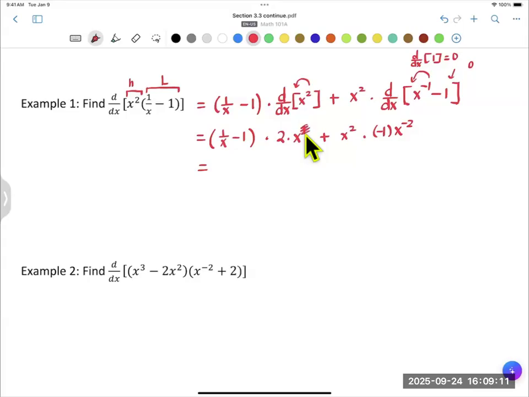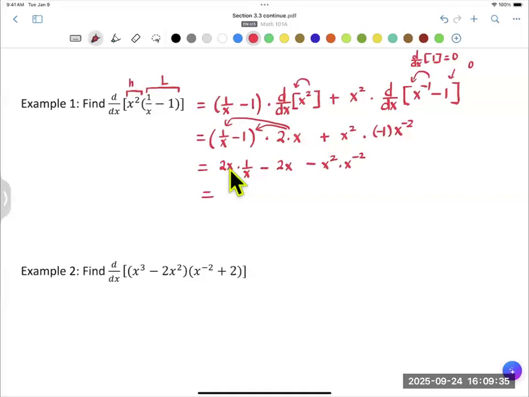I can remove it. And then I'm going to distribute the 2x to 1 over x minus 1, which is 2x times 1 over x minus 2x, plus, because of the negative right here, I will subtract x squared times x to the power negative 2.